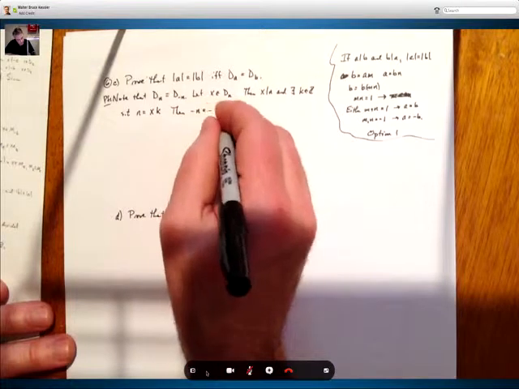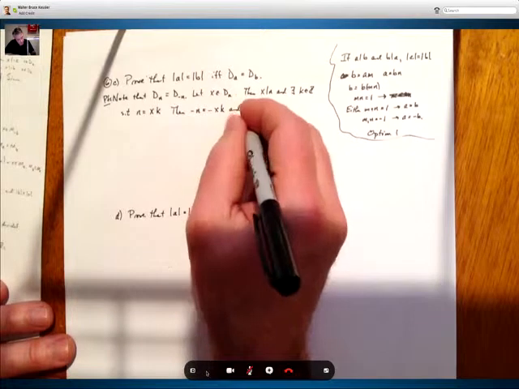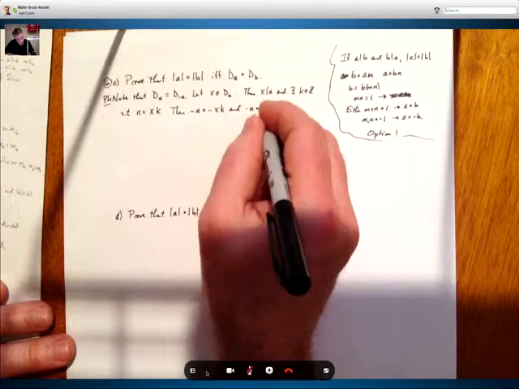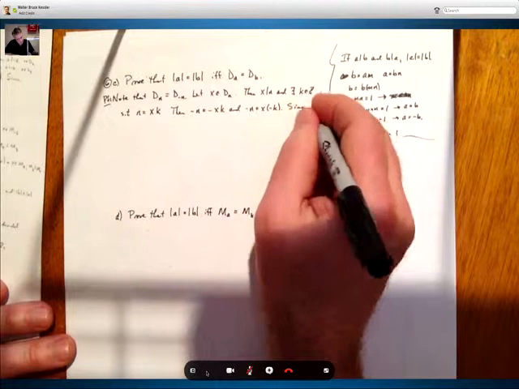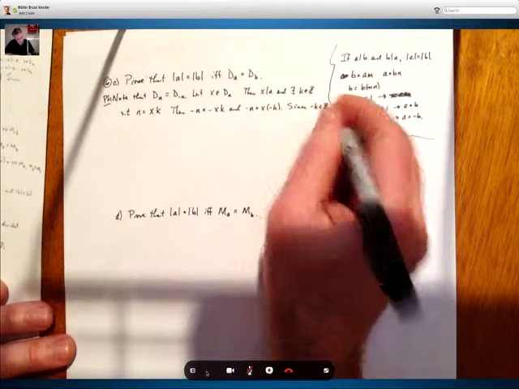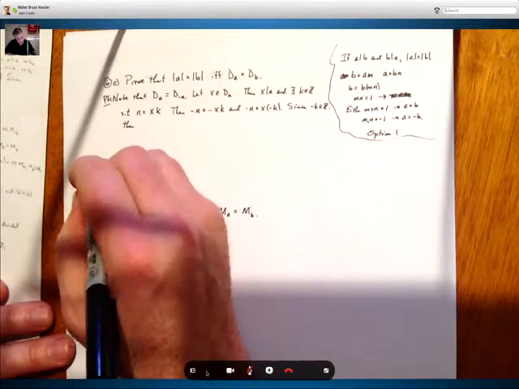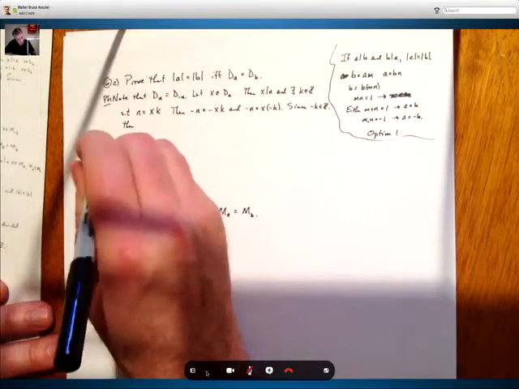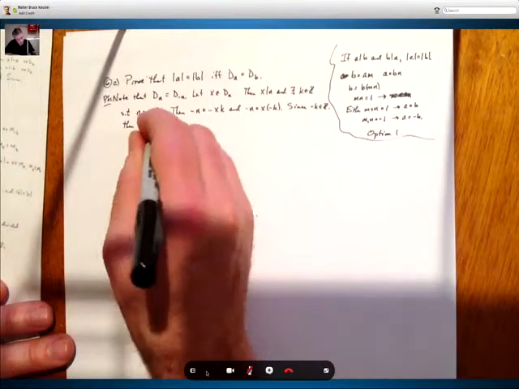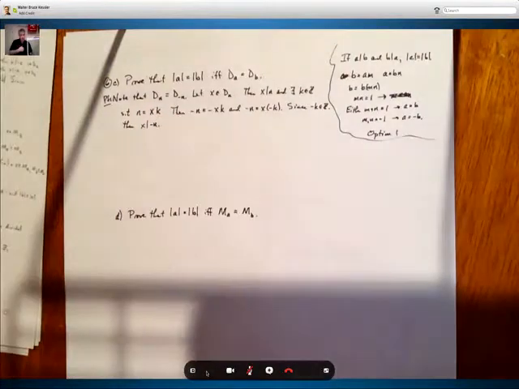Then negative N is negative XK, and that means negative N is X times a negative K. Since negative K is an integer, then X divides negative N. Okay.